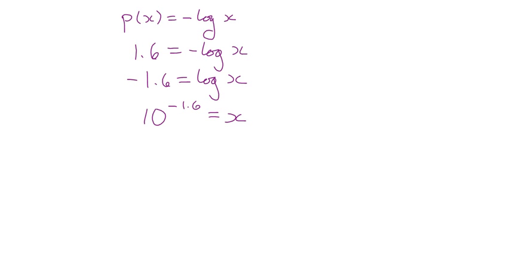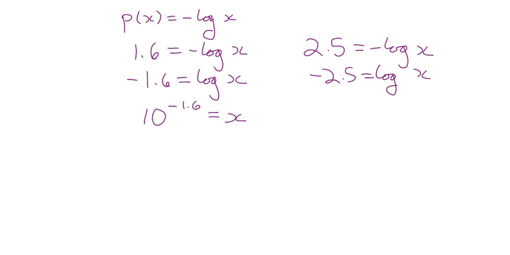And similarly, we do the same thing for the pH of 2.5, right? So it becomes negative 2.5 is equal to log x. And we write 10 to the negative 2.5 is equal to x.